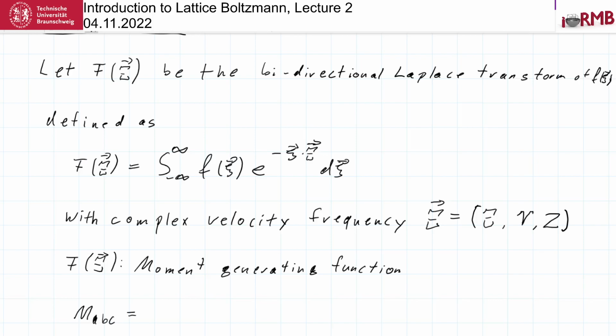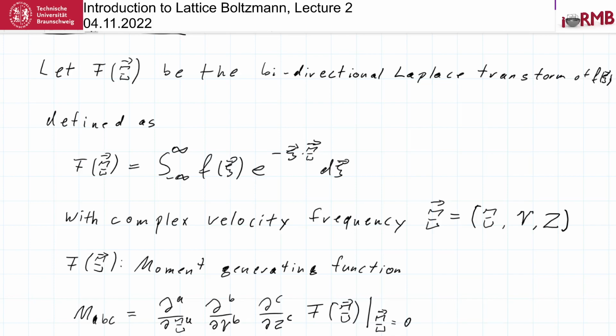They are defined by taking the derivatives of these frequencies: the A-th derivative with respect to the frequency Xi, the B-th derivative with respect to the frequency Upsilon, and the C-th derivative with respect to Zeta of F of xi, and we use a development point, namely Xi equal to 0.